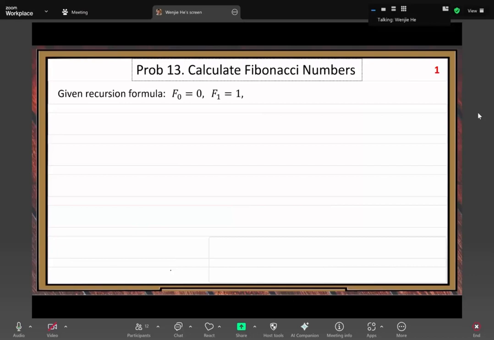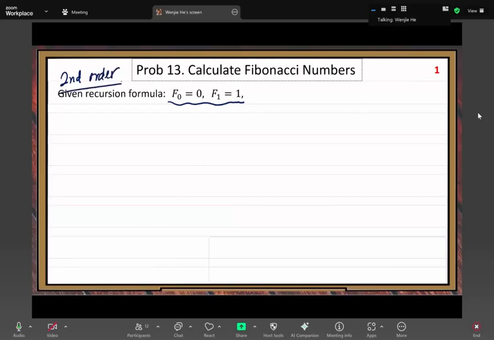Two base numbers, f0 equals 0, f1 equals 1. The reason we need two base numbers, not one, is that the recursive formula is a second order recursive. Remember I explained first order and second order recurrence.